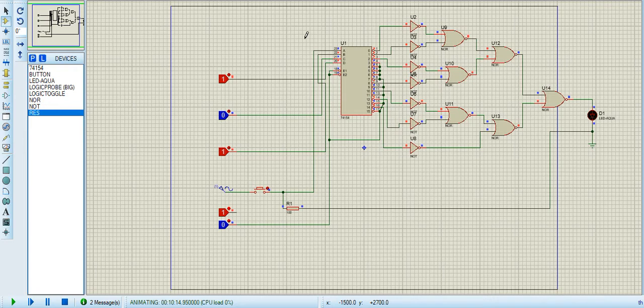If we apply 1 0 1 1 at our input, we can clearly see that our light won't blink, but rather stays still. This is for the condition that if the brakes are applied, we get a steady light. And if we apply 1 1 0 0, our lights are off.